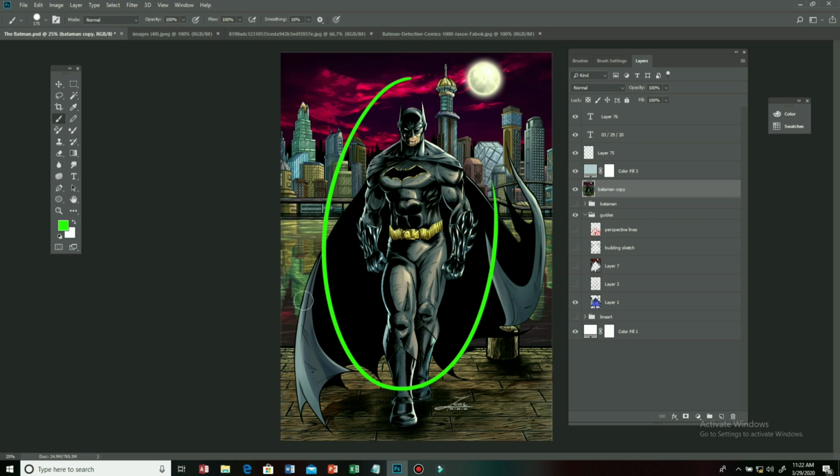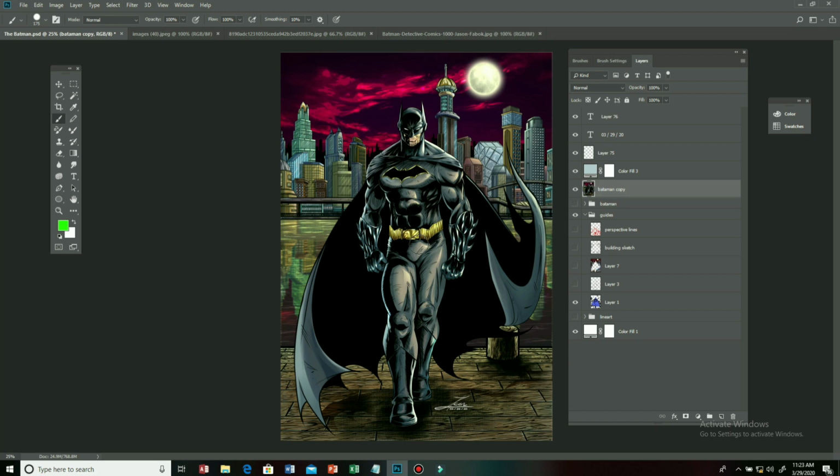And in order to bring him forward to us and emphasize Batman, I made his background warm. What do I mean by warm? It's full of reds and yellows, which is very contrasting to his color.